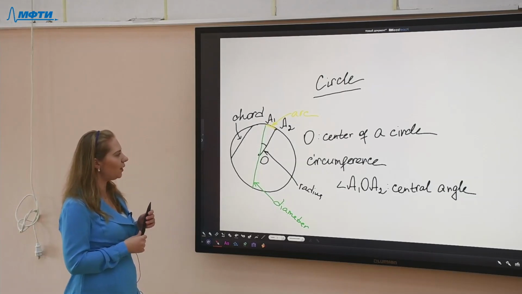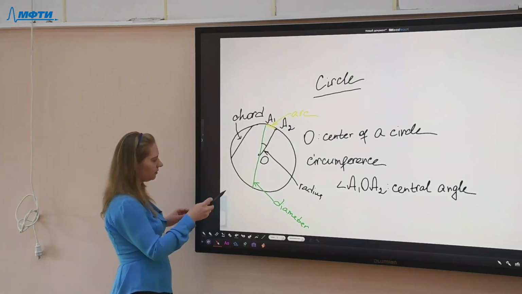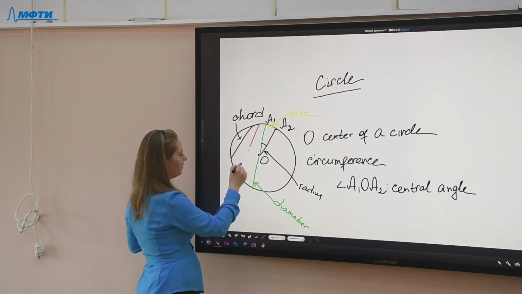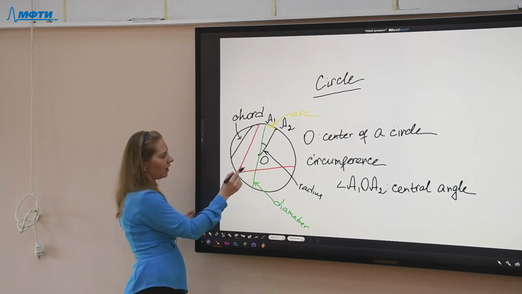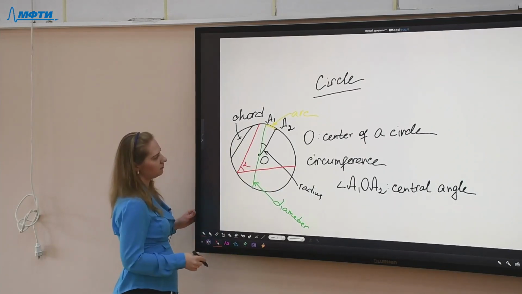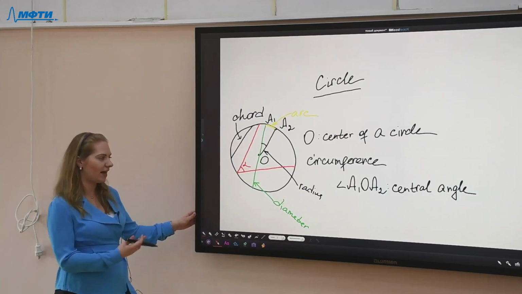And if we take three points on a circle, for example, here, here, and here, we can join them, and also we have an angle. And this angle is called an inscribed angle.